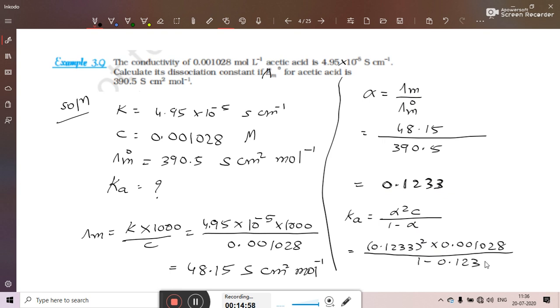On solving this, our final answer will be 1.78 into 10 raised to minus 5, and the unit of Ka is the same as the unit of concentration, that is mole per liter or molar. So that is the answer of Ka: 1.78 into 10 raised to minus 5 molar.